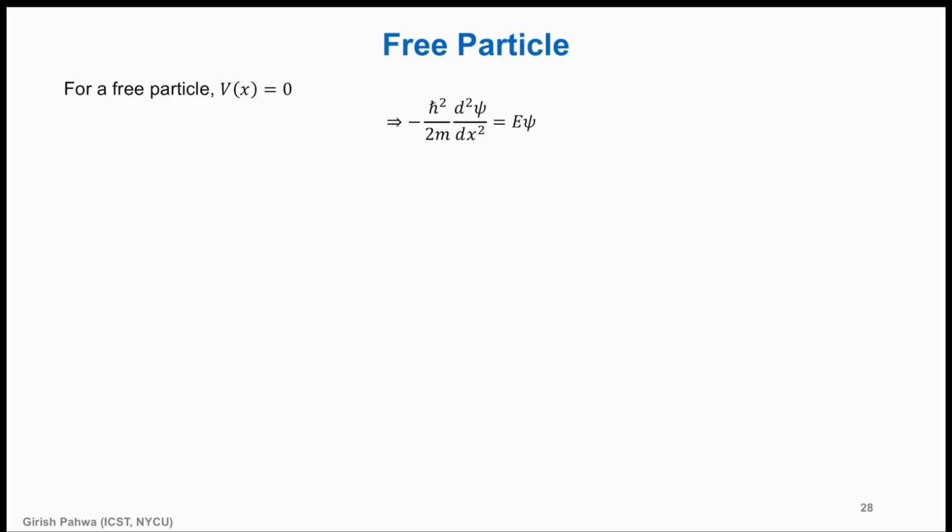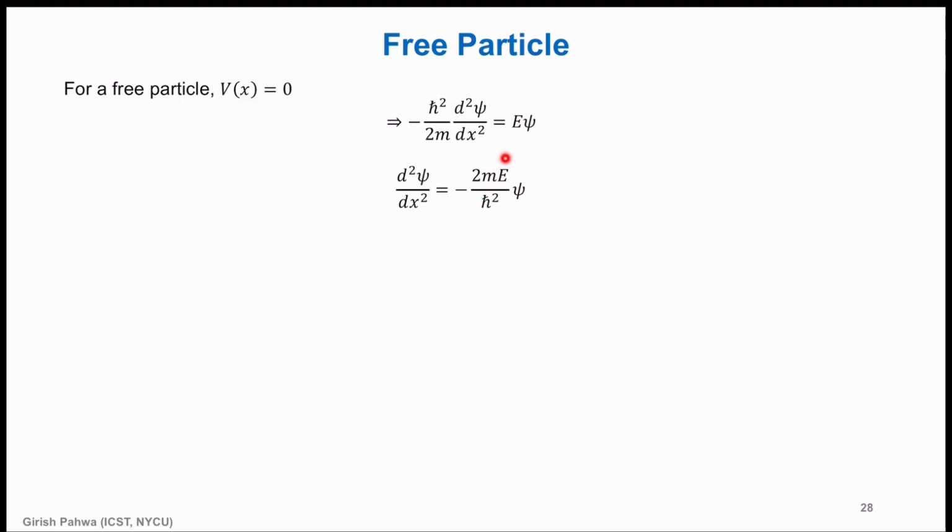It's a double derivative equation. How do I solve it? Let me do some manipulation. Take 2m here, h bar square here, so this becomes minus 2mE over h bar square. Let me call this quantity some k square.